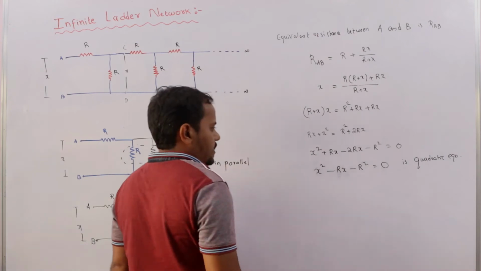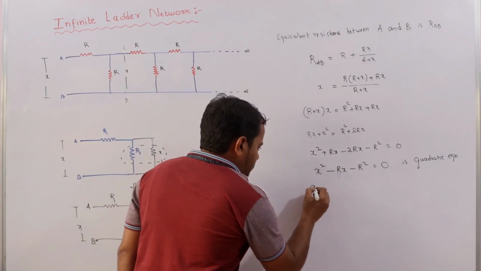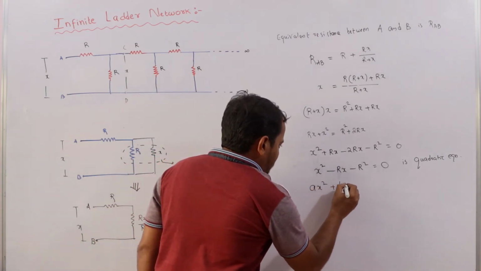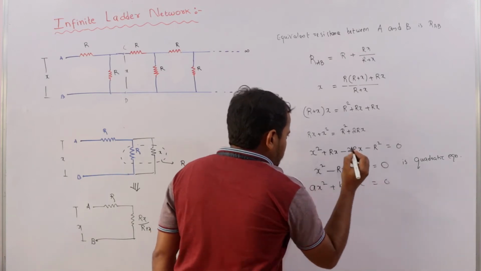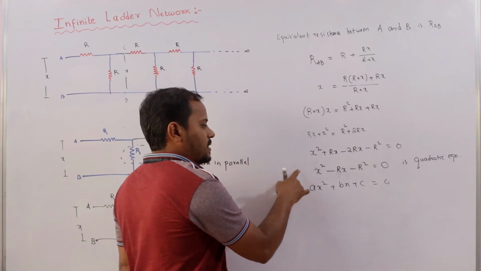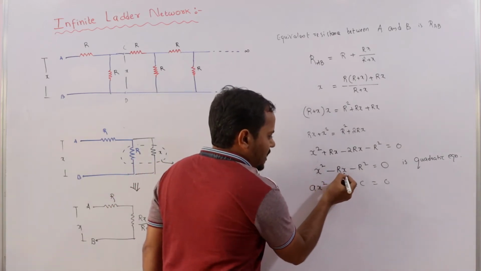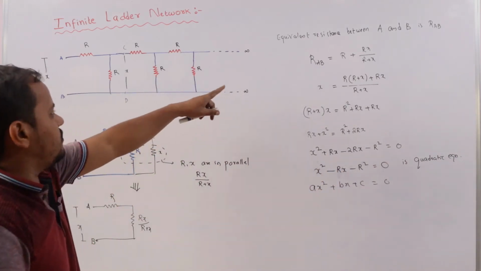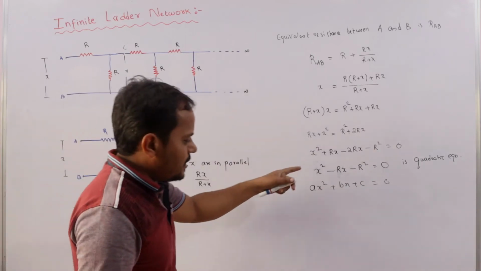This is in the form of a quadratic equation, and we are going to compare this equation with Ax square plus Bx plus C is equal to 0. Comparing X square minus Rx minus R square is equal to 0, in this X is the equivalent resistance of this complete network.